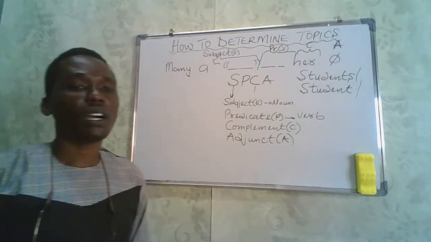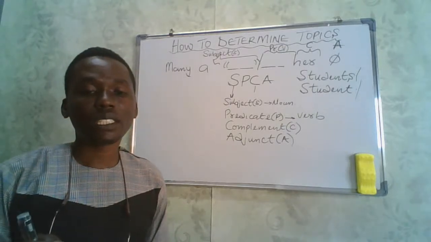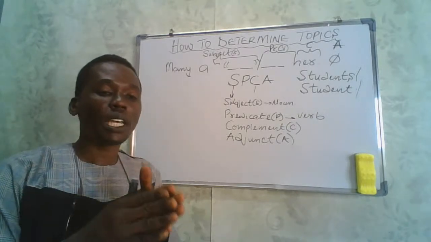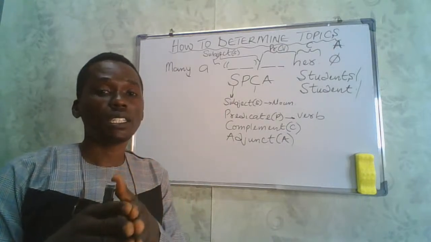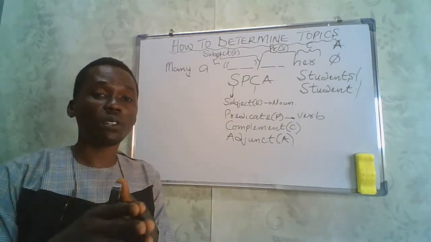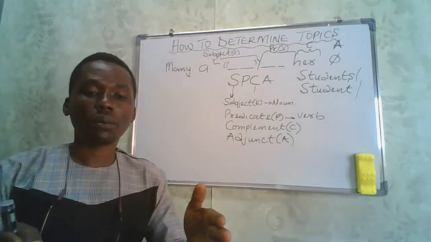Now, in a sentence like this, how do we finally come to see where the question really comes from? So it is the subject and the predicate working together that will provide our answer, because the two things we are looking for there are the subject and the what, the predicate.